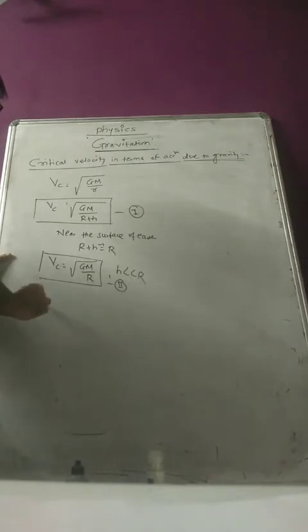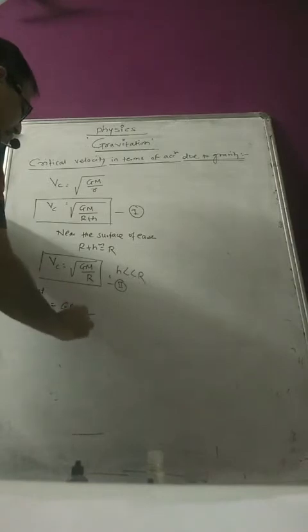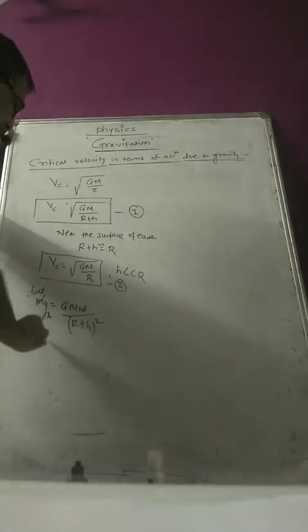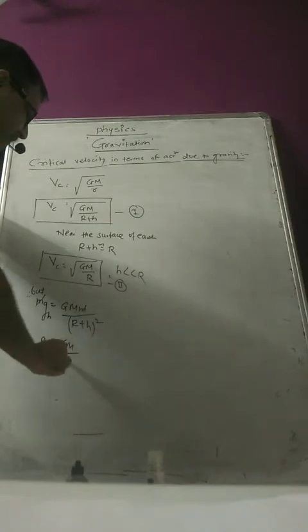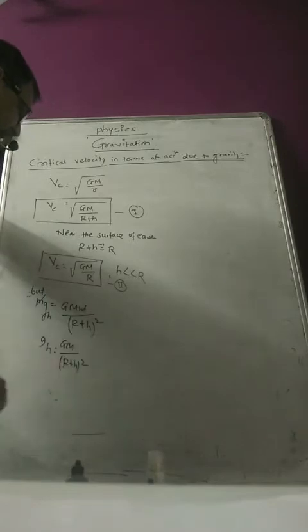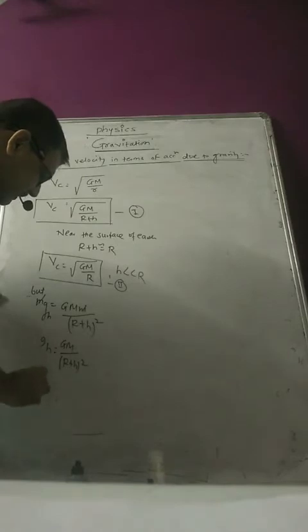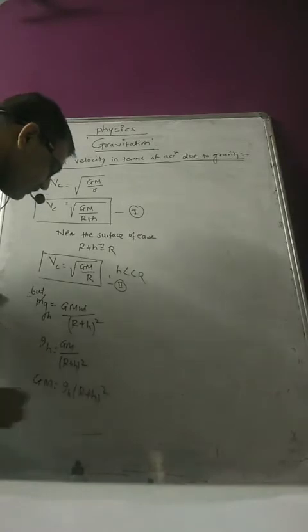Force means mg, so mg is equal to GMm by (r plus h) square above the surface of earth, and m will get cancelled. So at a particular height, g_h is equal to GM by (r plus h) square. Therefore, what will be the expression for GM, children? GM is equal to g_h into (r plus h) square.